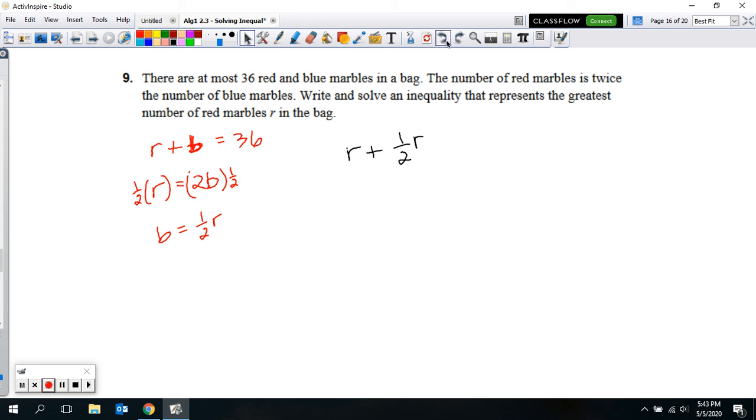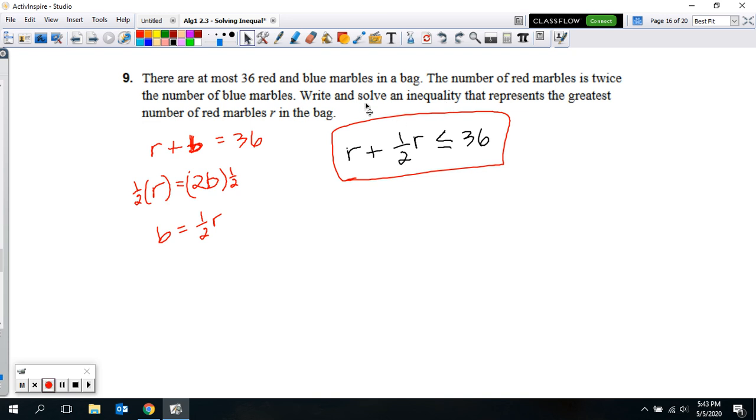The number 36 there goes after that. So this could be less than 36, or it could be equal to 36. It just can't be more than 36. That's why the less than sign, the arrow, is pointing this direction here. So that is our inequality. We wrote the inequality.